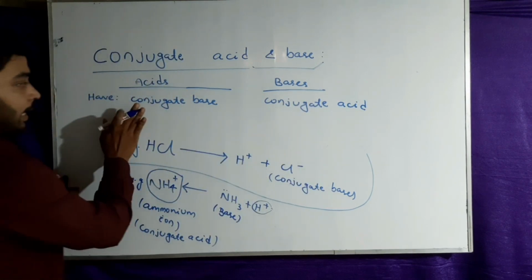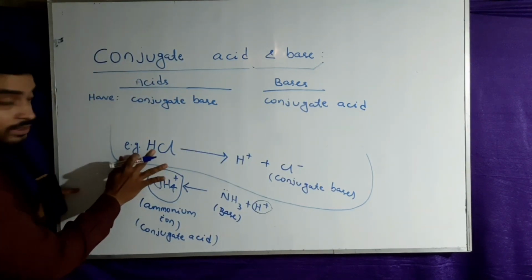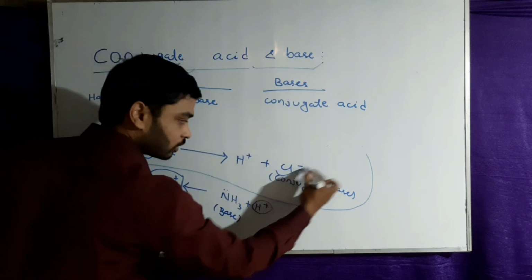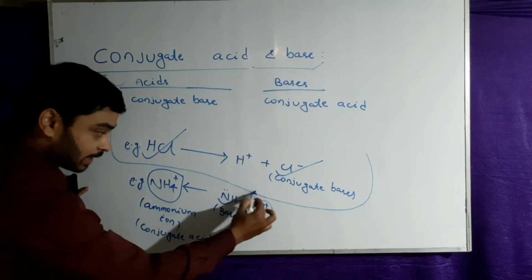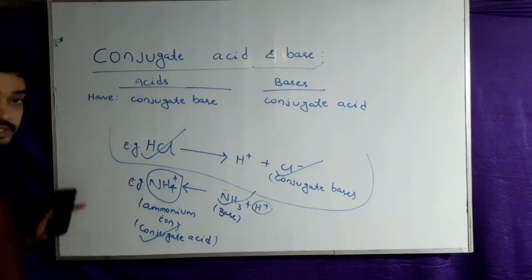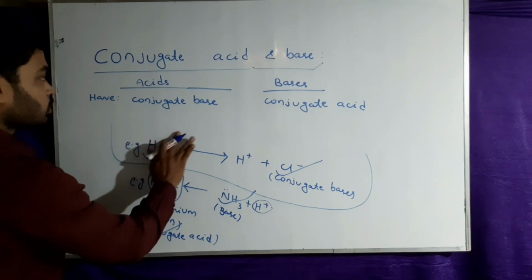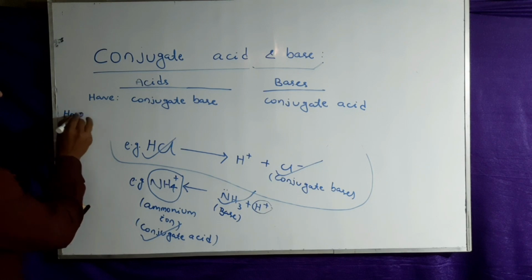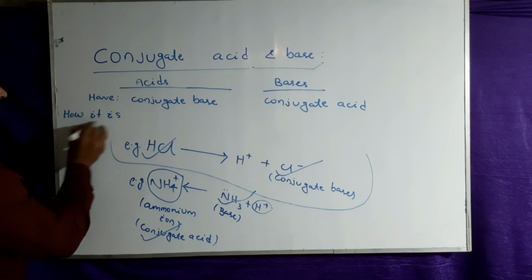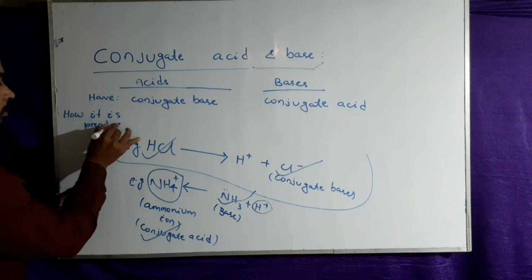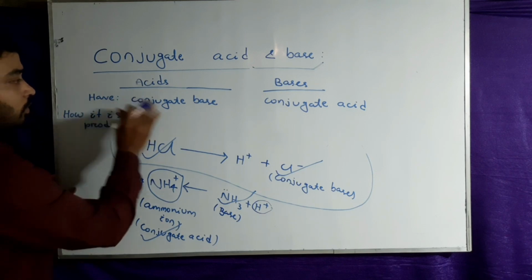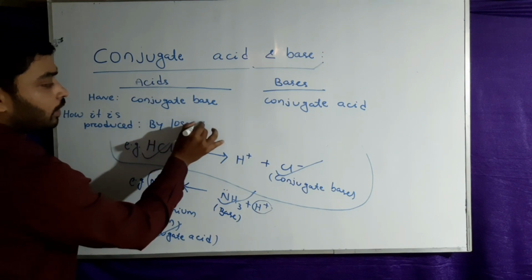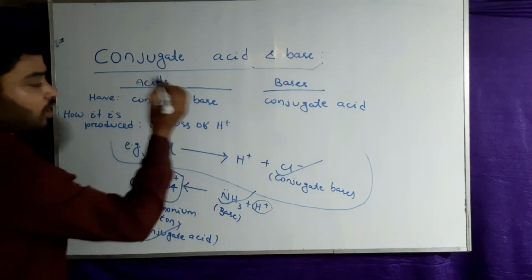How are they produced? Conjugate bases are produced by loss of proton, that is H plus ion.